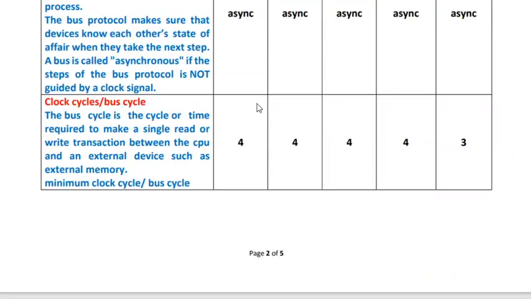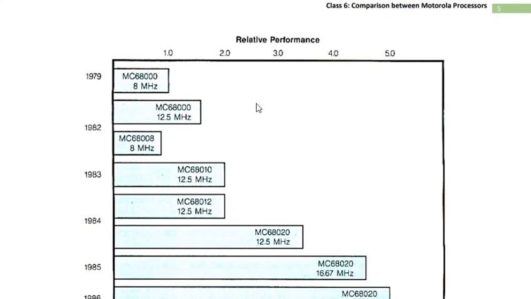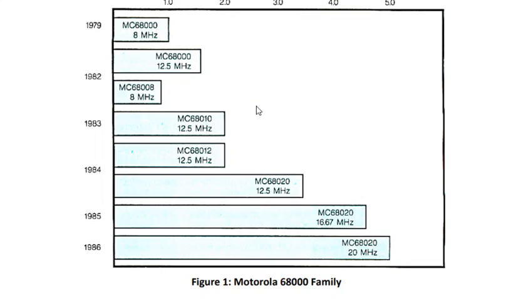Now let us try to see the evolution of the various Motorola processors. Starting right from 1979, we have first the MC68000 at 8 megahertz, then MC68000 at 12.5 megahertz, then MC68008 at 8 megahertz, then MC68010 at 12.5 megahertz, then MC68012 at 12.5 megahertz, then MC68020 at 12.5 megahertz, then MC68020 again at 16.67 megahertz, and MC68020 at 20 megahertz.